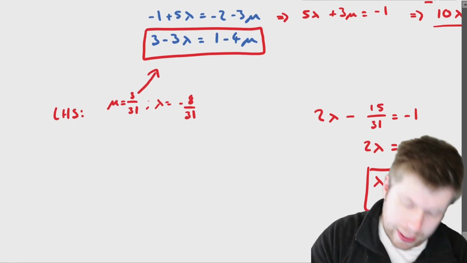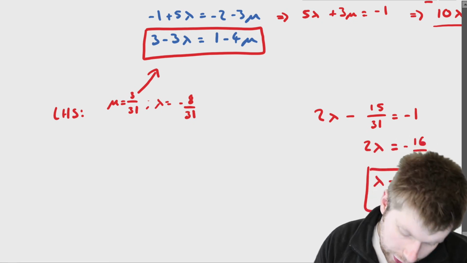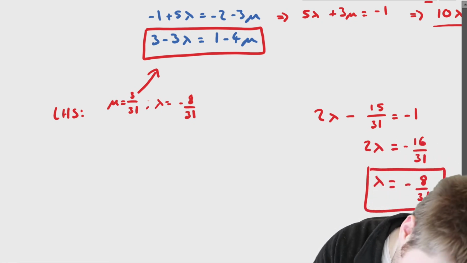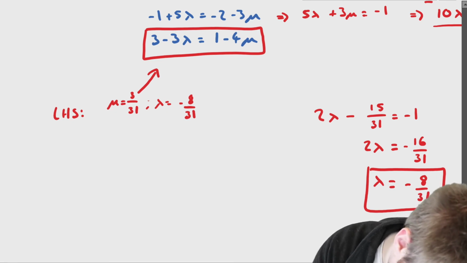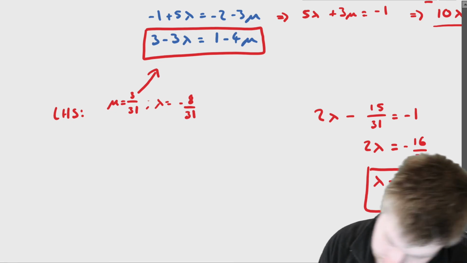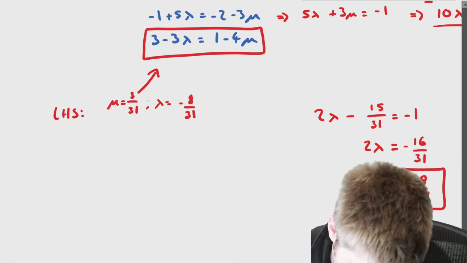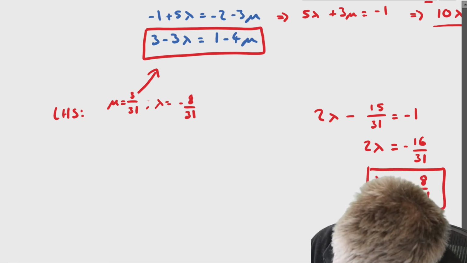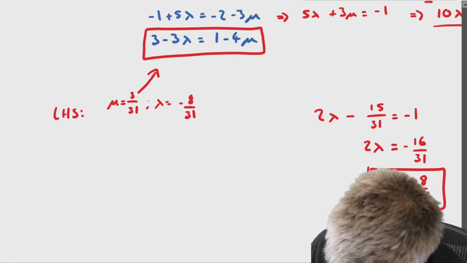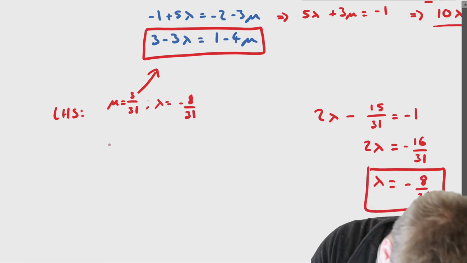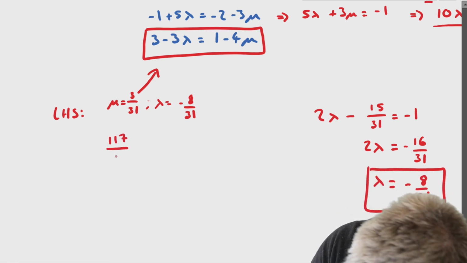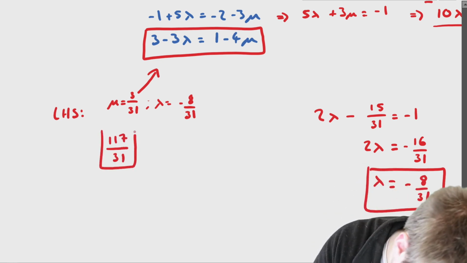So let's check the left-hand side first of all. We get 3 minus 3 lots of lambda. So this is going to be, let's stick it in a calculator, 3 plus 24 over 31. That's going to give me 117 over 31. So that's what's coming out on the left-hand side.